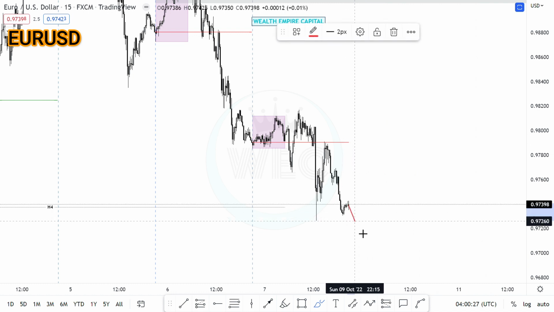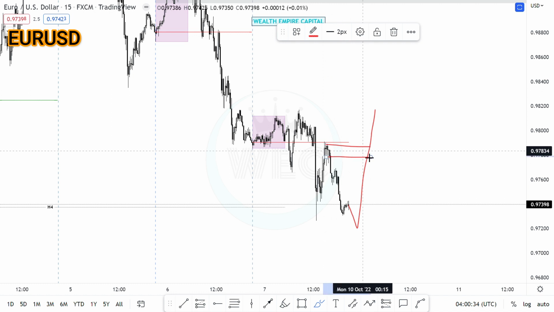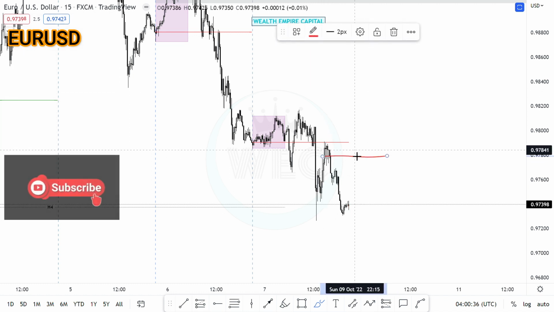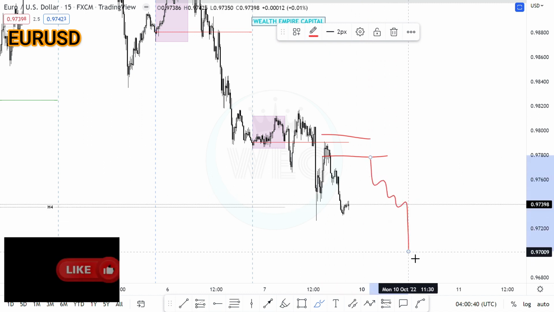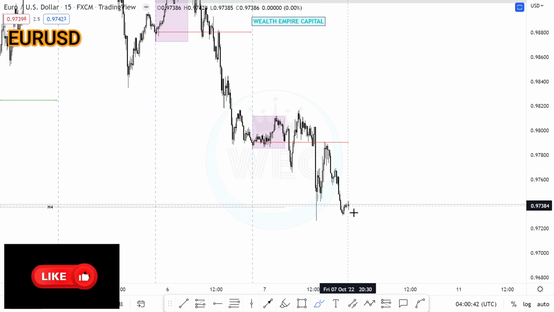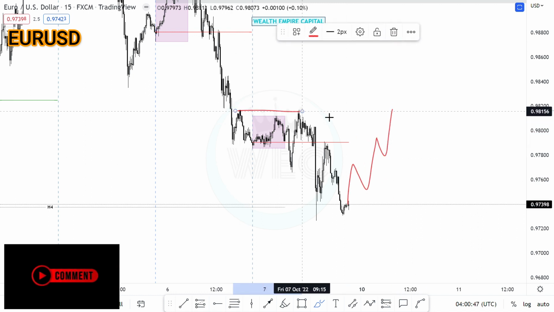So if this Friday's low is taken out and price is coming back up, like I said, supply zone right in here, we can expect a reaction from this supply zone. Price can continue to the downside and continue with the bears. Another thing that can happen is we can have price pushing all the way to the upside because of these equal highs.